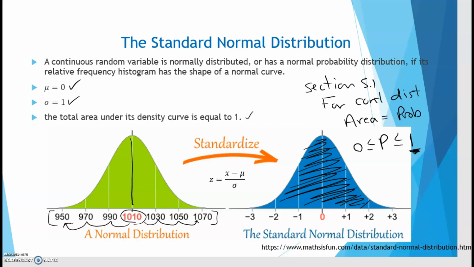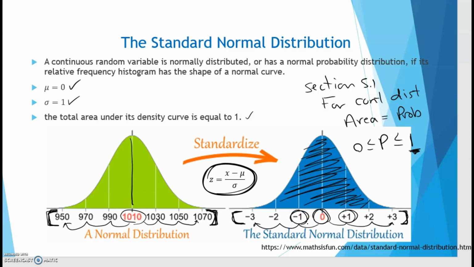To standardize it, you would have to put each of these numbers, and these are your x values, through this formula right here. Once you do that, your x values actually turn into z-scores. So all these numbers over here would be z-scores. And notice you've got a mean of 0, and you keep adding your standard deviation of 1, or subtracting your standard deviation of 1. Once you have those things, then you say that you have standardized your normal distribution.